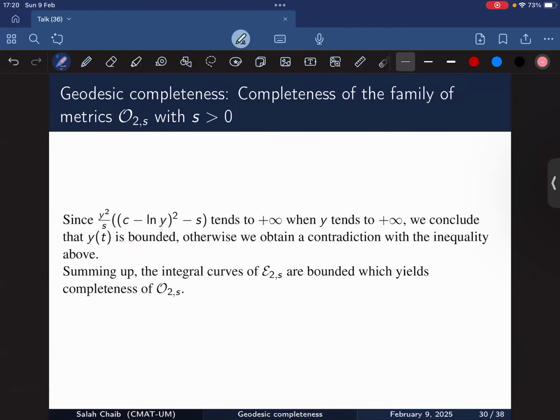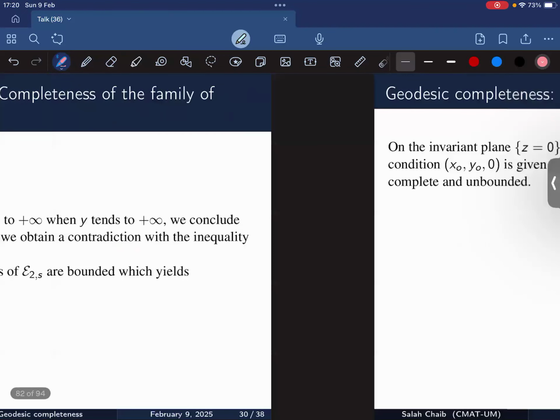And we conclude from y bounded that x and z are also bounded, and so the intersection is some bounded curve, and this implies that an integral curve will stay in this bounded curve, so it must be complete.